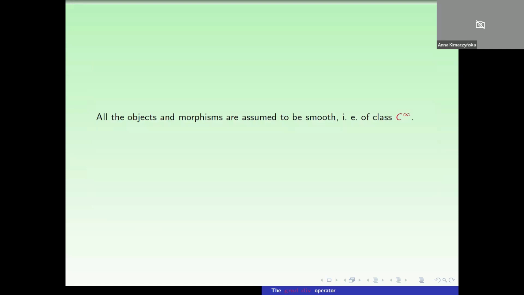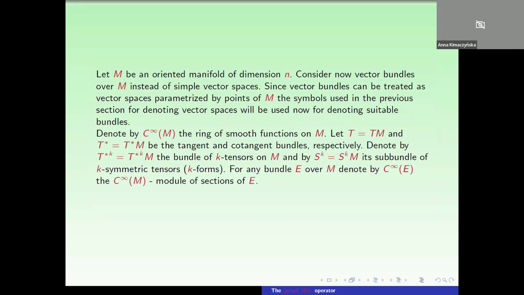Now, assume that all objects and morphisms are smooth, it is of class C infinity. Let M be an oriented manifold of dimension n. Consider now vector bundles over M instead of simple vector spaces, since vector bundles can be treated as vector spaces parametrized by points of M. Symbols used in the previous section for denoting vector spaces will be used now for denoting suitable bundles.